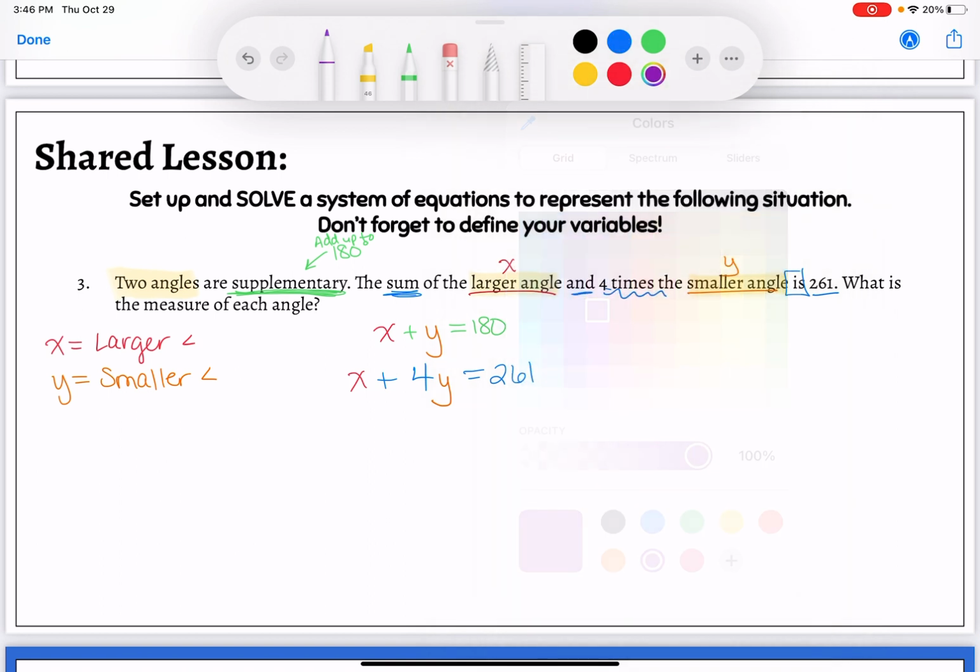I think I'm going to eliminate the x's because all I need to do is multiply that top equation by -1 and I will have it, and that's easy math to do. So let's see, the top equation will become -x minus y equals -180. The bottom equation is staying exactly the same. x plus 4y equals 261.